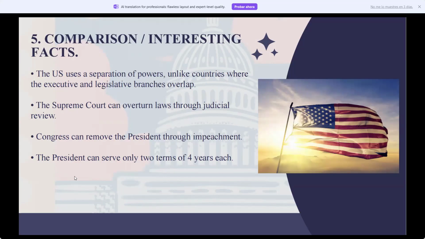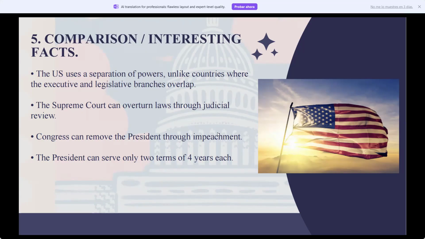Now we are going to talk about the comparison and some interesting facts about the USA branches. One interesting fact is that the USA used a complete separation of powers, unlike other countries where government merges functions.